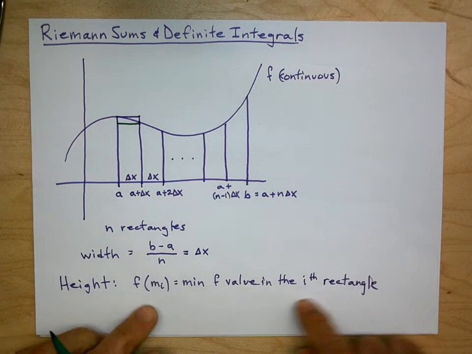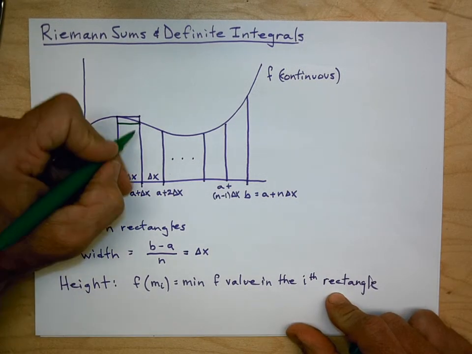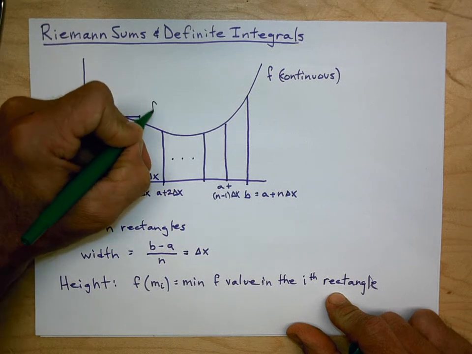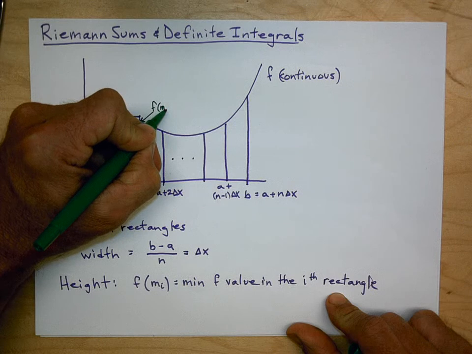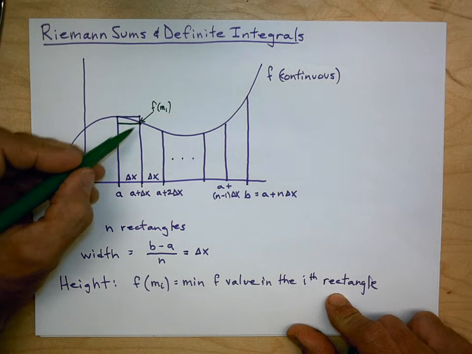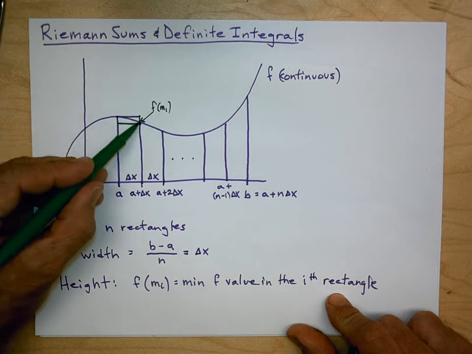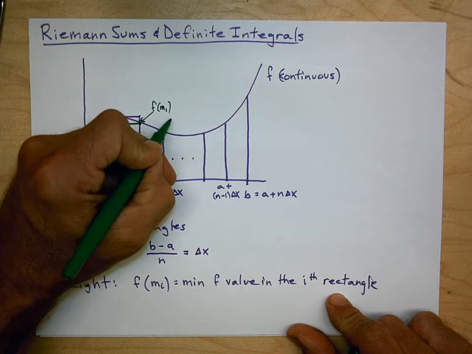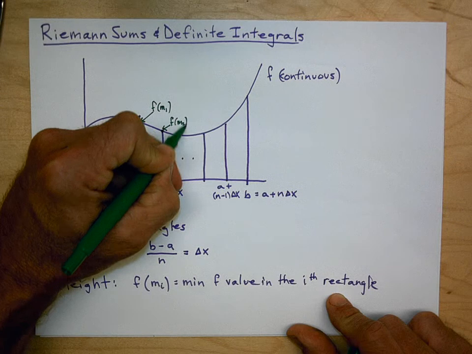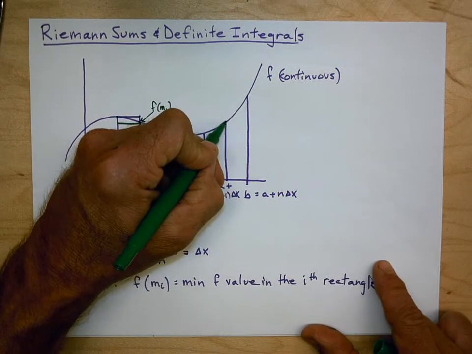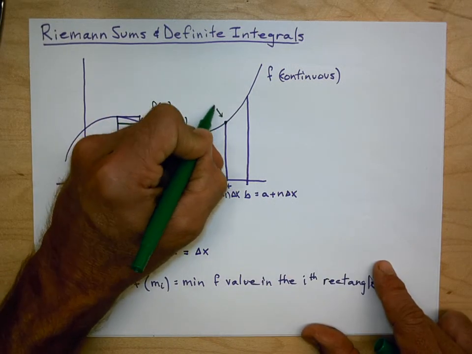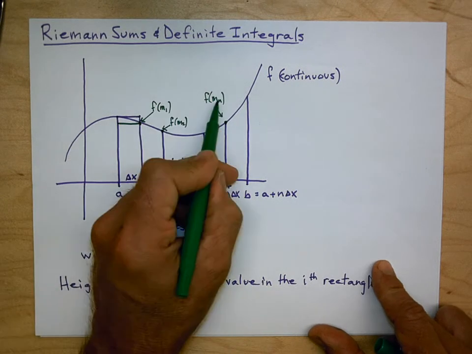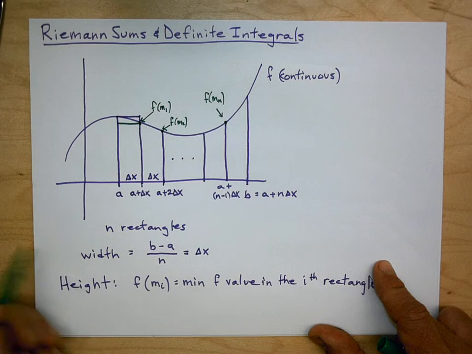If we are in the first rectangle, this point right here would be f of m1. It's the minimum function value in this first rectangle. This right here would be f of m2, and then when we get to the other side, this would be f of mn. It's the smallest function value in the nth rectangle.